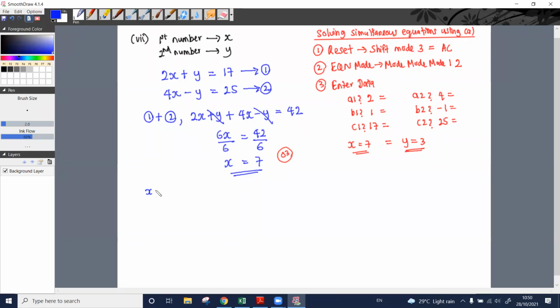So we have found x equals 7. We will substitute it into equation number 1. That means 2 into 7 plus y equals 17. Therefore, y should be equal to 3.